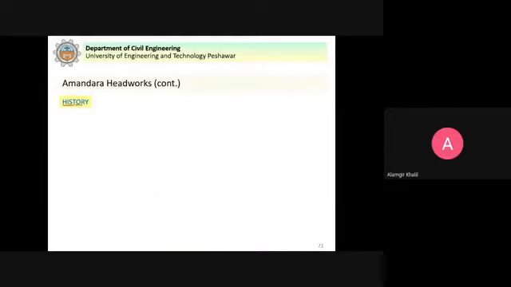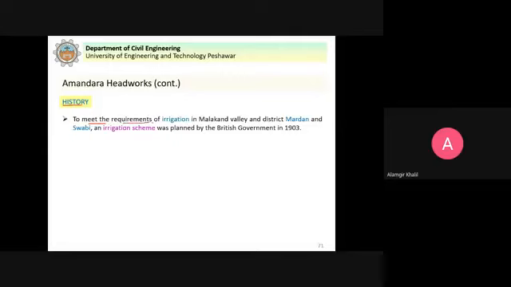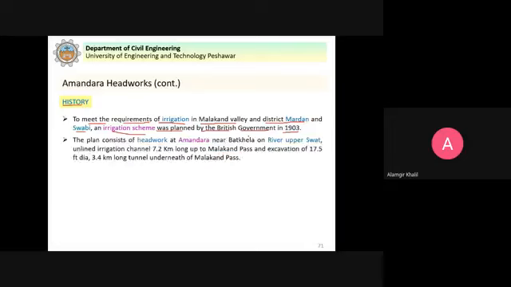So history of this: to meet the requirements of irrigation in Malakand Valley and district Mardan and Swabi, an irrigation scheme was planned by the British government in 1903. So it is constructed by the British. The plan consists of headwork at Amandara near Batkhela on river Upper Swat, unlined irrigation channel 7.2 kilometer long up to Malakand Pass, and excavation of 17.5 feet dia 3.4 kilometer long tunnel underneath of Malakand Pass.